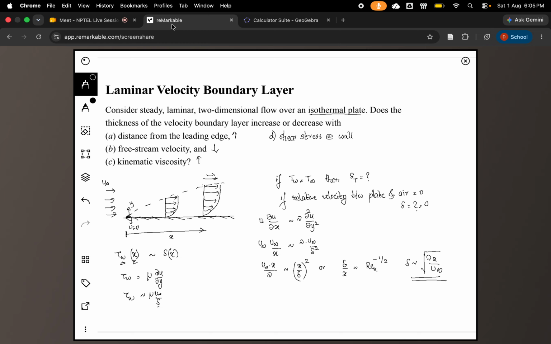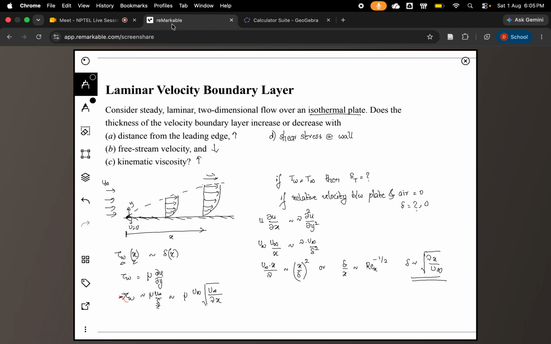So this would be mu times u infinity times square root of u infinity by mu x. So as the length of the plate increases, tau w will actually reduce, and as u infinity increases, your tau w will actually increase.